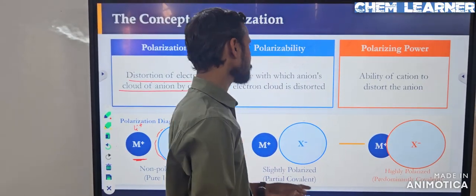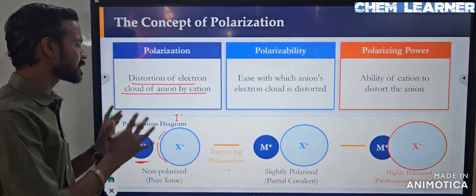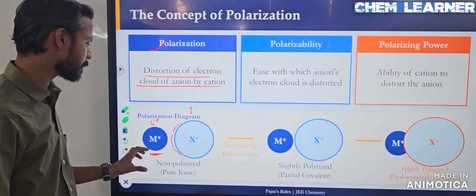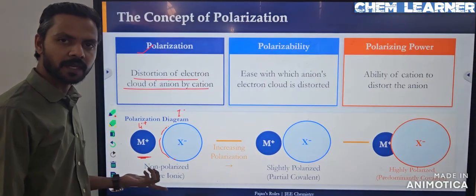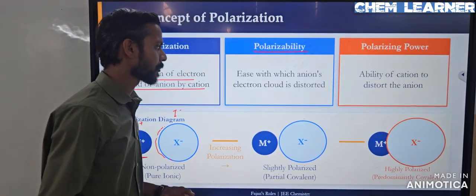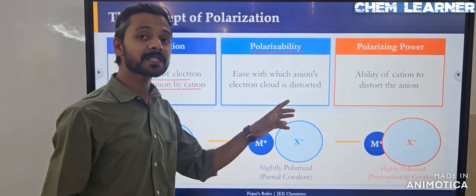Now if we move back to the slide, what is polarization? Basically it is the distortion of the electron cloud of the anion by the cation. Why does it happen? Because of the high nuclear charge of the cation. The second thing is polarizability, the ease with which the electron cloud of the anion is distorted.